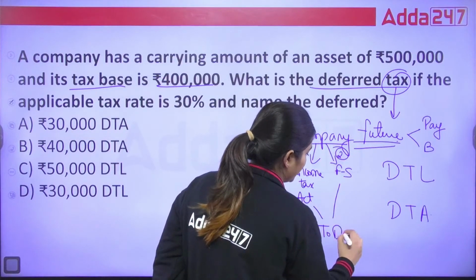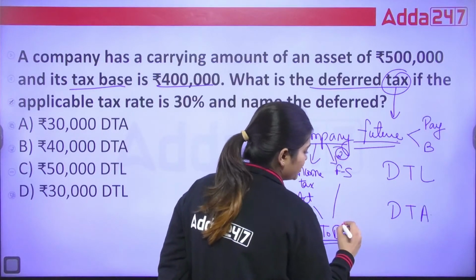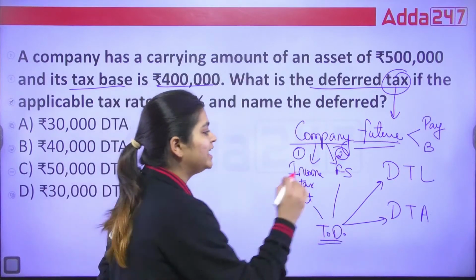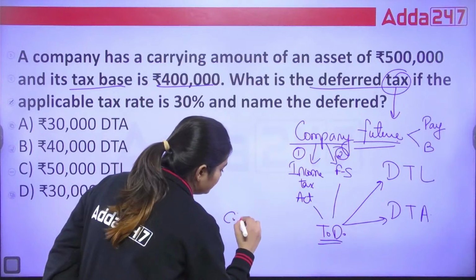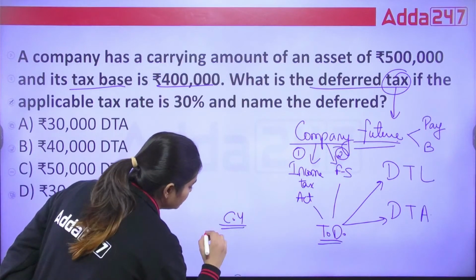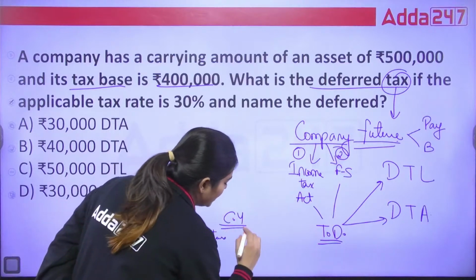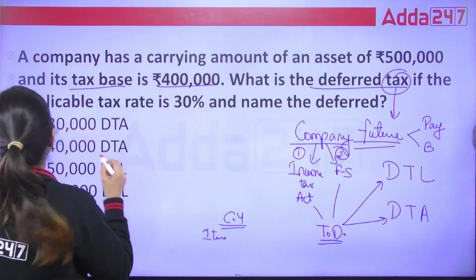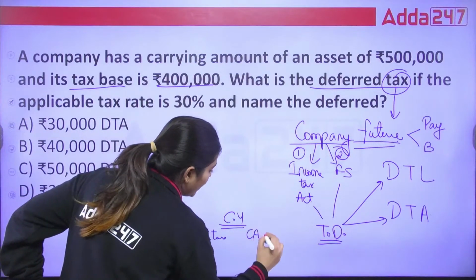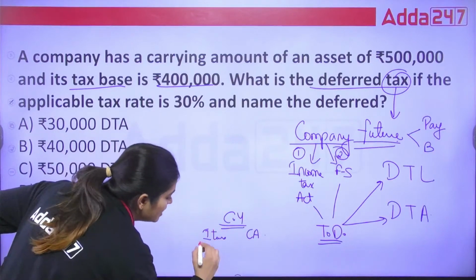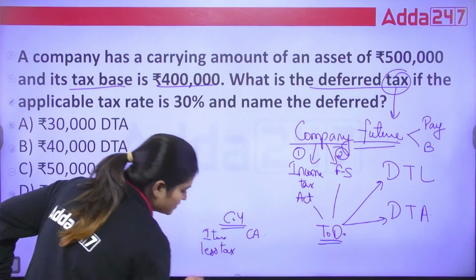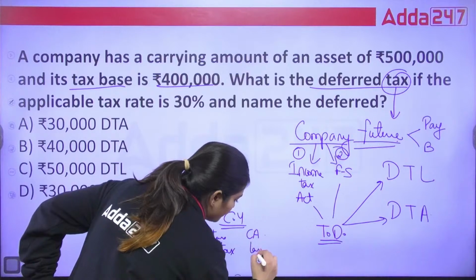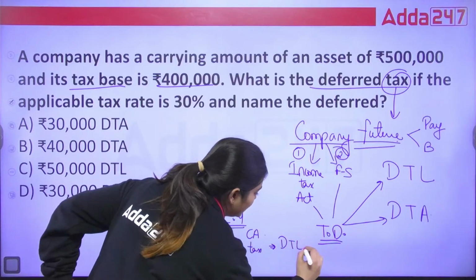That temporary difference will lead to deferred tax liability and deferred tax asset. Deferred tax liability means, if in the current year you are paying less tax under the income tax compared to the Companies Act calculation, this situation will lead to deferred tax liability.